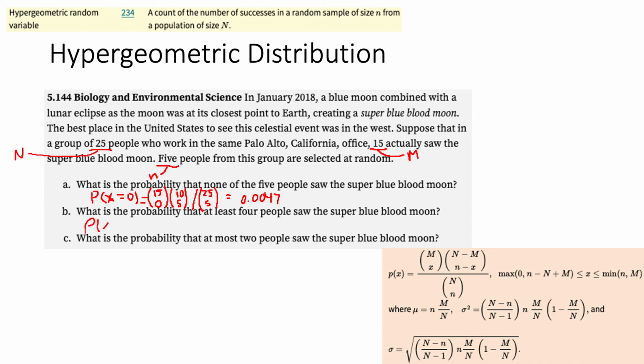So that's the probability that x is greater than or equal to 4. And that's the probability that x is equal to 4 plus the probability that x is equal to 5. Okay. Now, we can do this the same way we did the first question, or we can harness the power of technology and use this command, 1 minus p hyper.